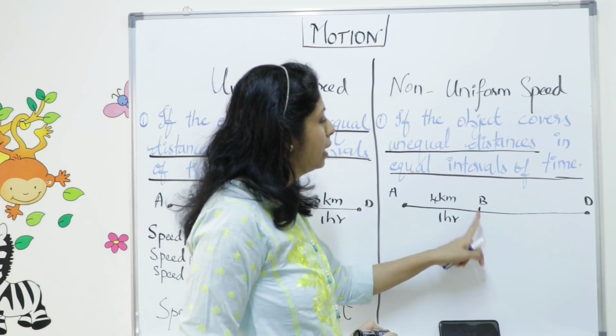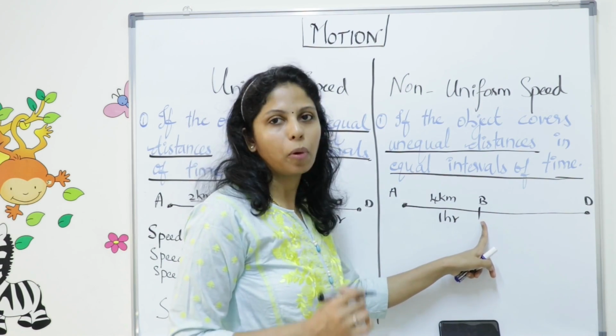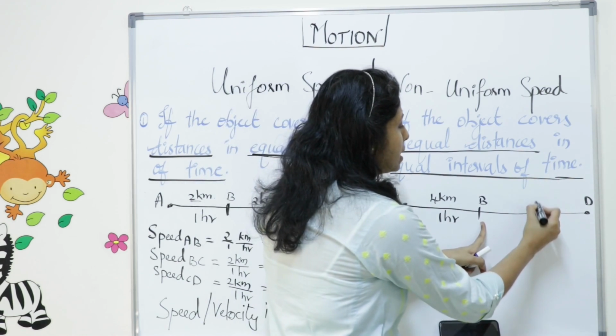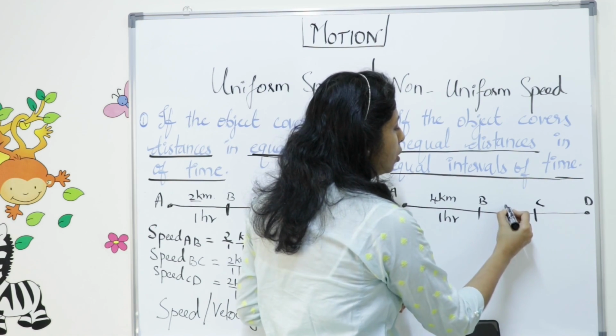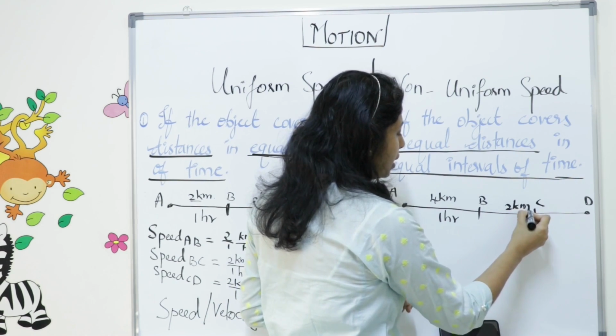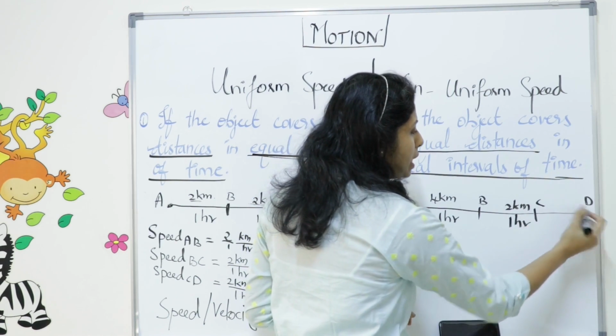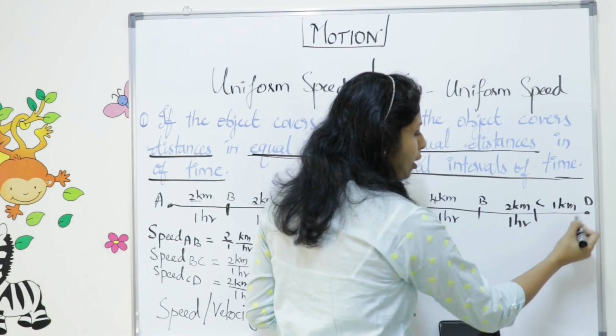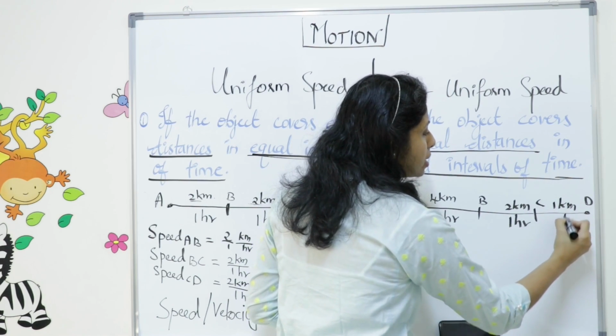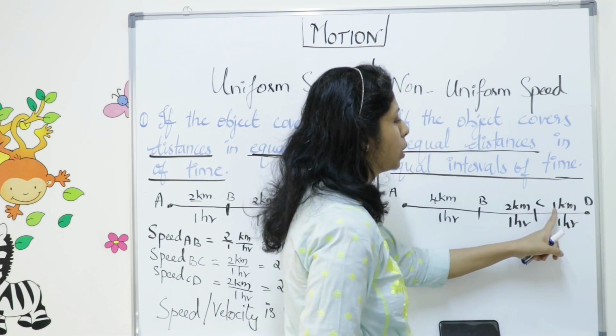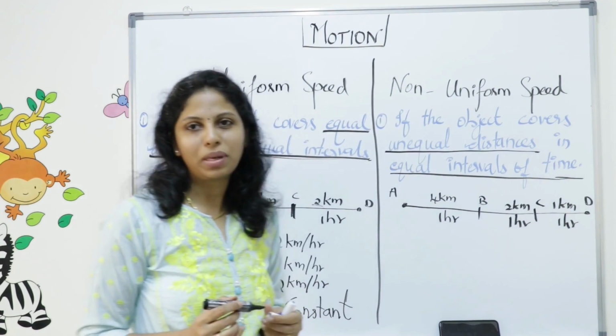Again, the object travels from a point B to a point C, which is 2 kilometers in 1 hour. And again from C to D, which is 1 kilometer, and he takes 1 hour to cover 1 kilometer.